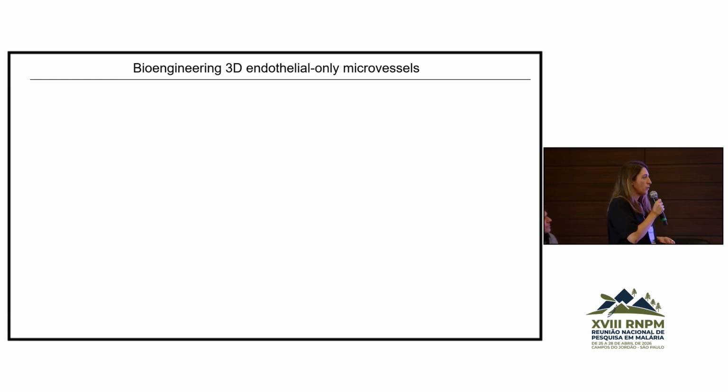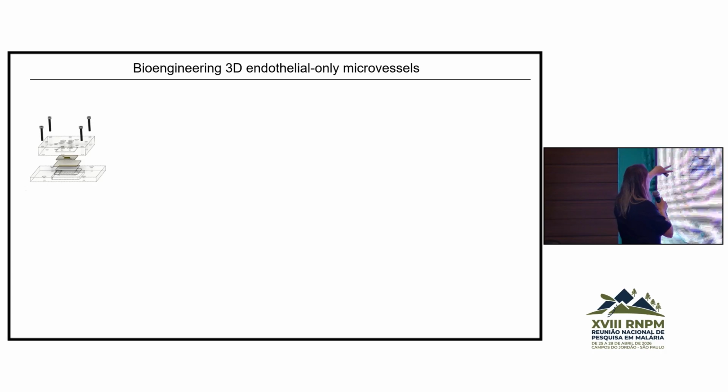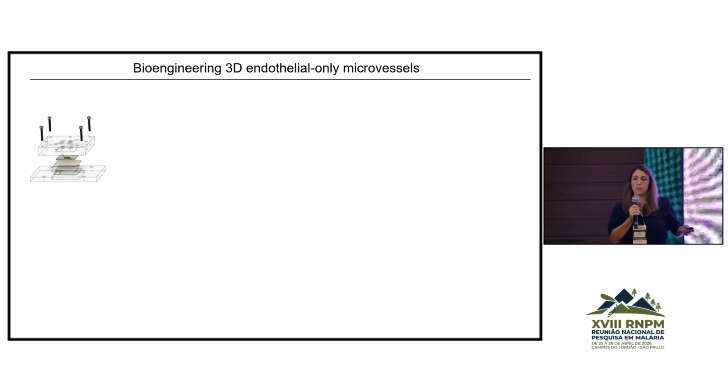So that's why when I was in Seattle, we started building these bioengineered models in Joe Smith's lab. This seems very complex, but mostly you have here two collagen layers, one flat and the other with a microfluidic pattern.